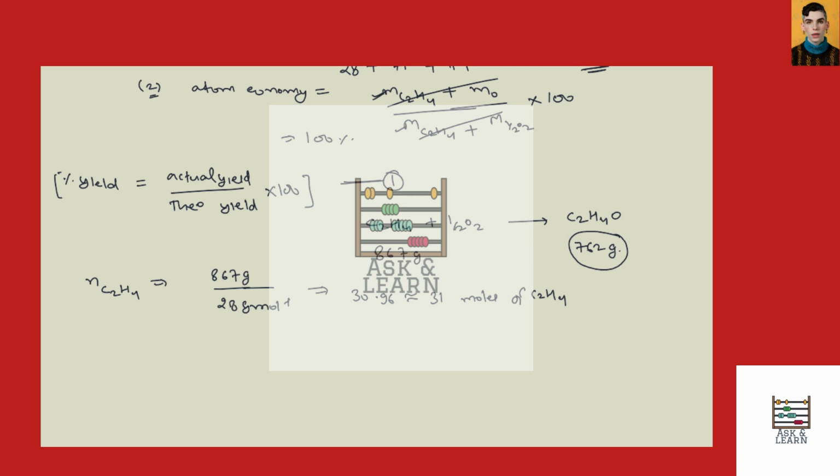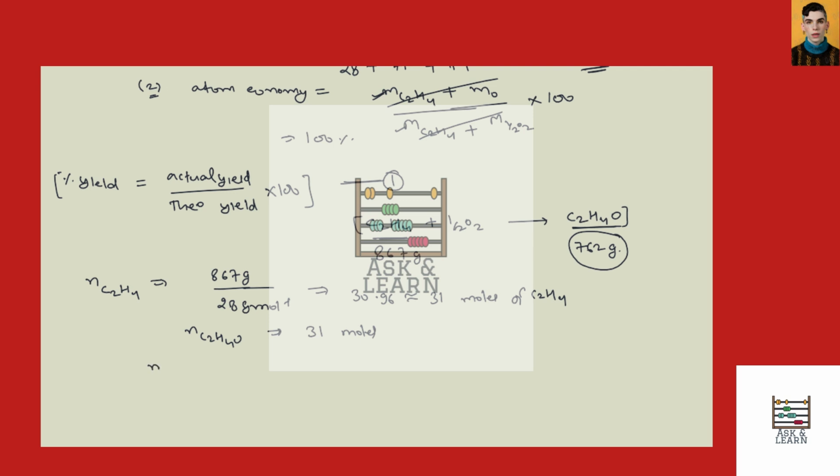Now, from the stoichiometry of this reaction, we can say that the number of moles of C2H4 that are reacting would be equal to the number of moles of C2H4O that are formed. So basically, number of moles of C2H4O product are also equal to 31 moles.